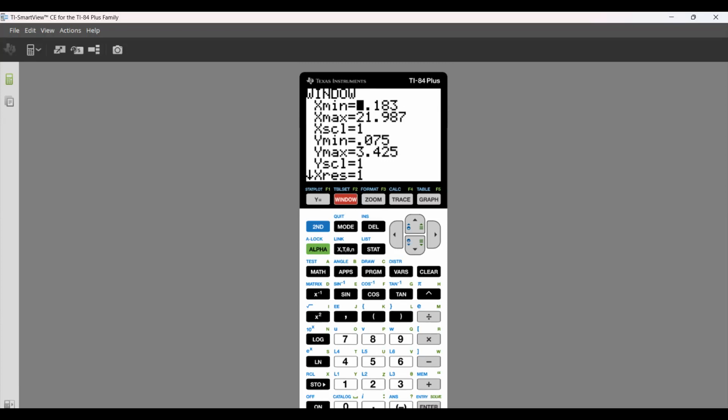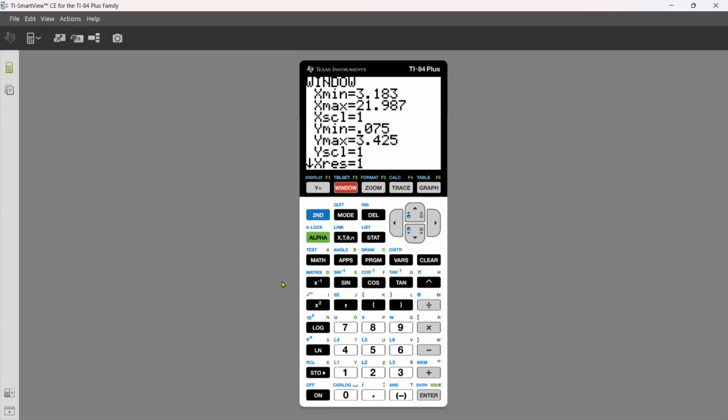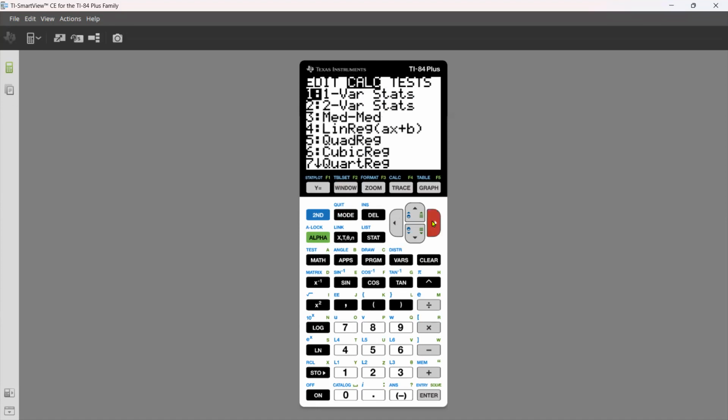Now, to get your regression equation, we're going to quit this window, so second quit, we're going to go to second stat. Then we have some menus across the top. Normally we're on the edit screen, we're going to go to calc, the middle menu, and you're going to look for an option.